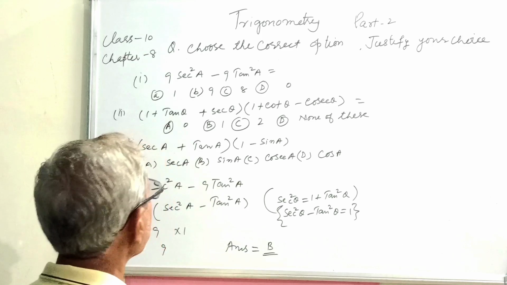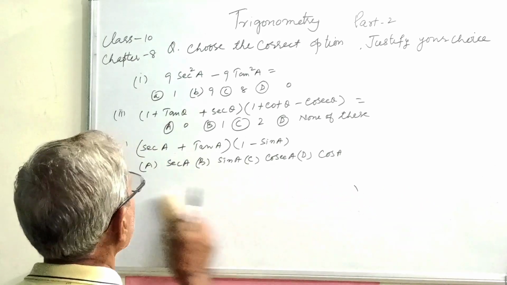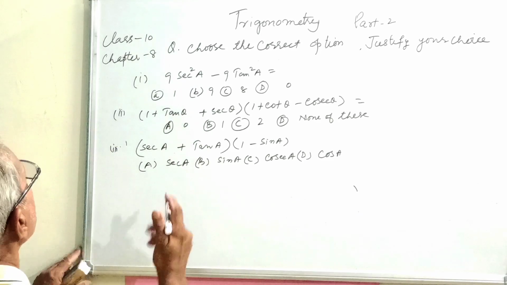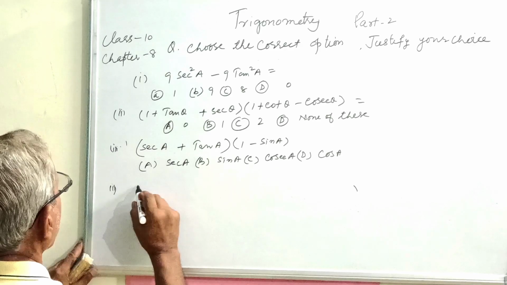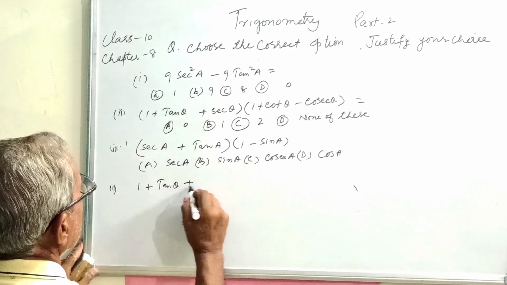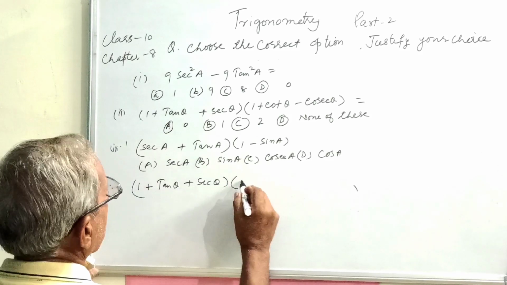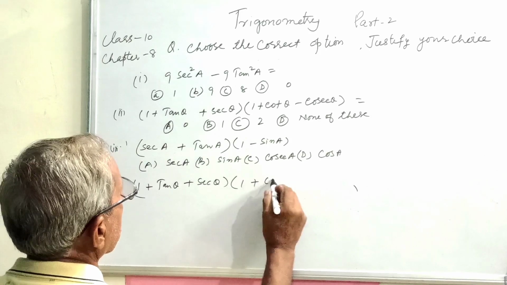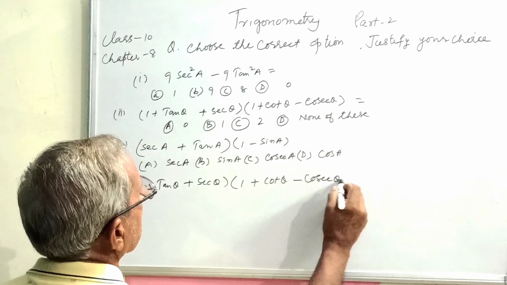So second part is 1 plus tangent theta plus secant theta into 1 plus cotangent theta minus cosecant theta.